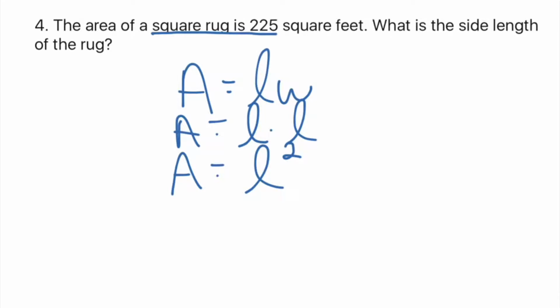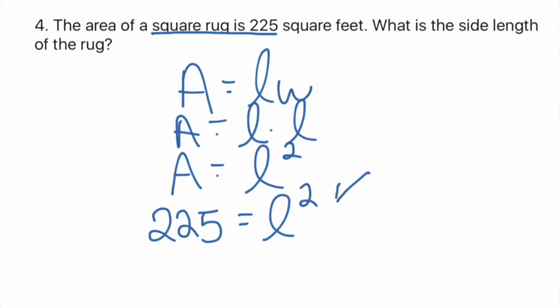So if we know the area is 225, we need to find what number squared gave us 225. So to undo this square, because we want L by itself, we don't want this square here. Remember, we take the square root because that will undo the square. But if we do something to one side of an equation, we have to do it to the other.